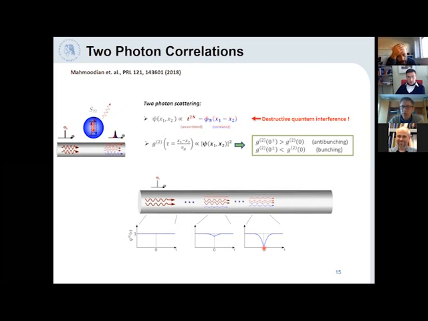And then if you propagate the photons even further through the waveguide, or you have more atoms interacting with the photons, then the uncorrelated part, so the initial laser photons, will be completely negligible, and we are only left with the correlated part.